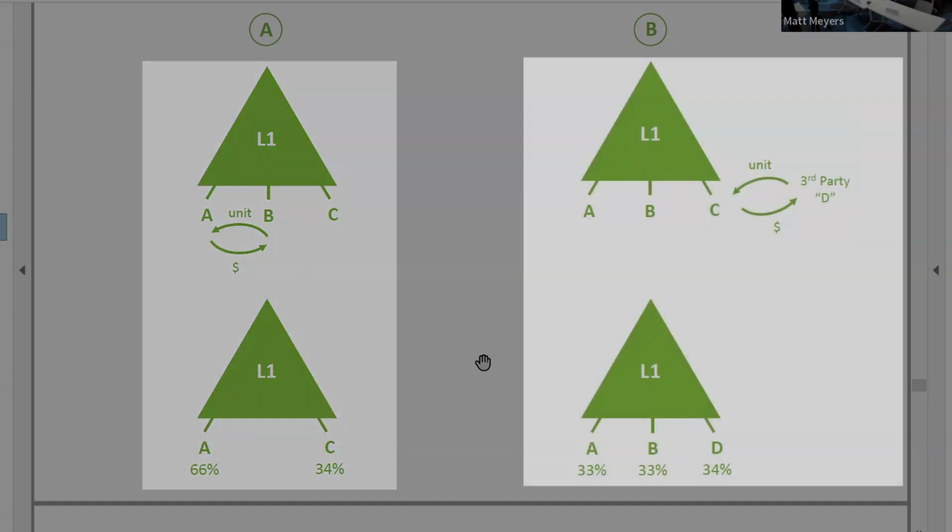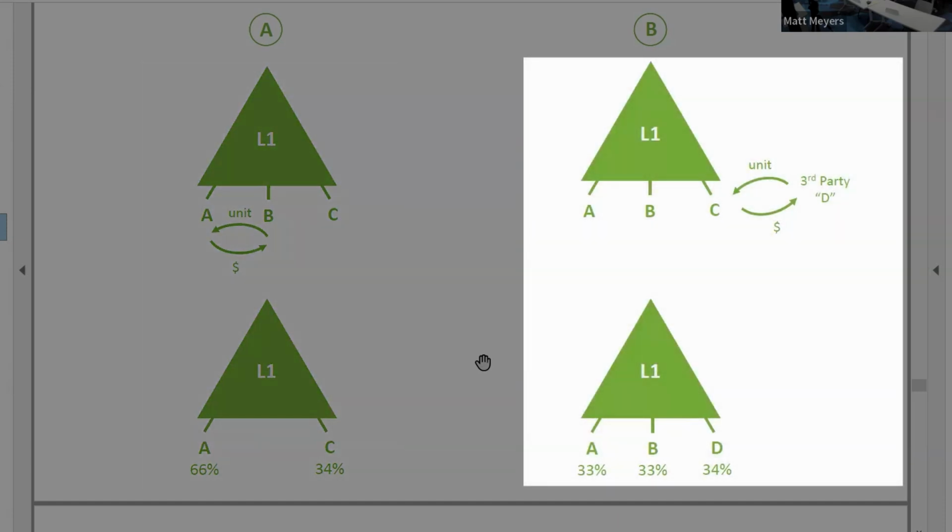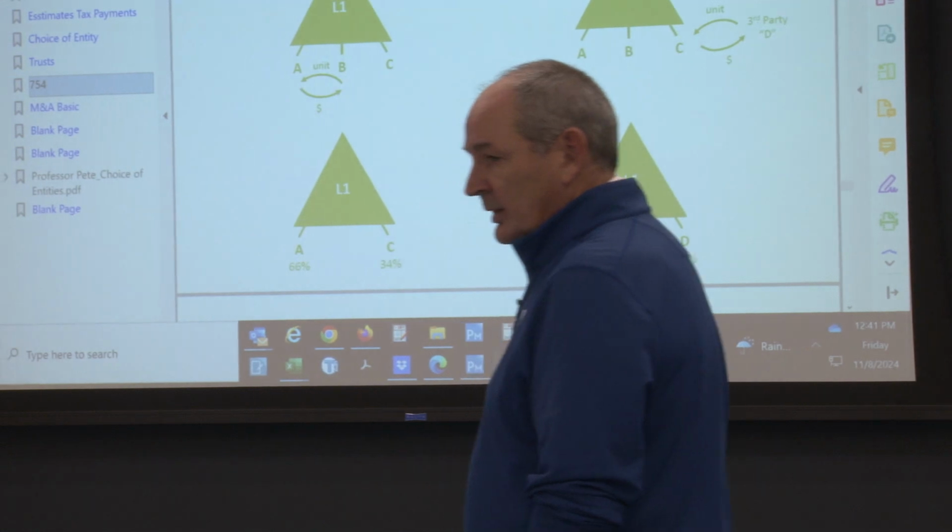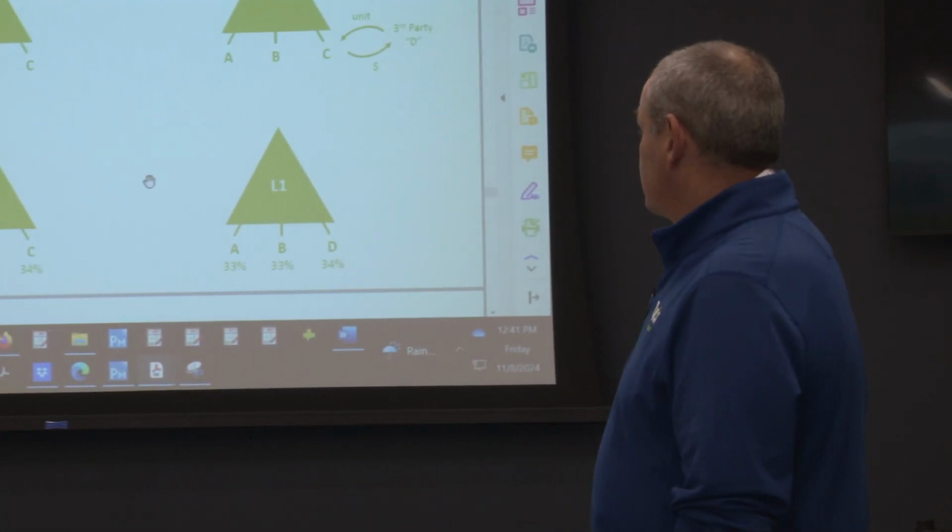The second is, C sells to a third party, not an existing party, and A, B, and D own L1, a third, a third, and a third. So you have a partner-to-partner transaction where the existing partners might buy somebody out, or a partner-to-partner transaction where I have a third party coming in. The selling to a third party probably is slightly more prominent.